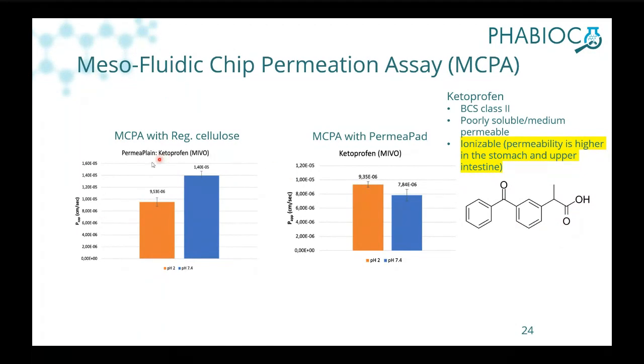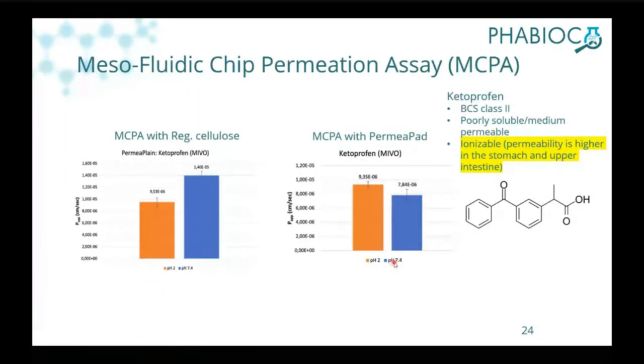And when we tested the ketoprofen using regenerated cellulose, we could not see that. We just observed an effect on the permeability that was linked to the solubility of ketoprofen. So in this case, at pH 7.4, ketoprofen was much more solubilized. And what we saw is that utilizing the PermeaPad, we got a reading of permeation for ketoprofen that was in line with what is expected.